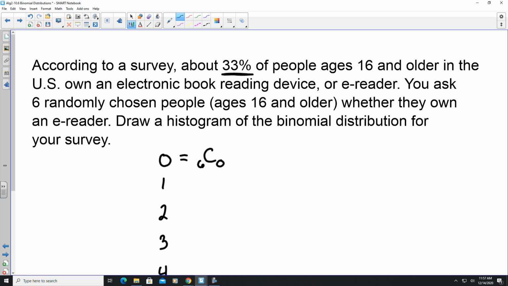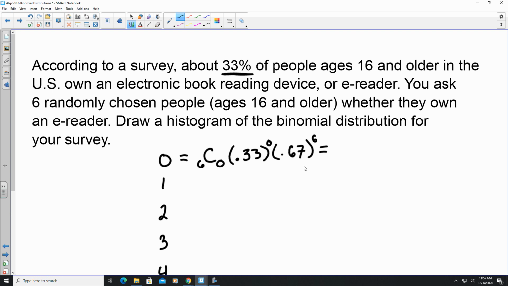The survey says that 33% of people do, so convert that to a decimal, 0.33, and raise it to the 0 power, because in that particular choice, 0 people showed it. That means there is a 67% chance that they didn't, and that's raised to the 6 power.